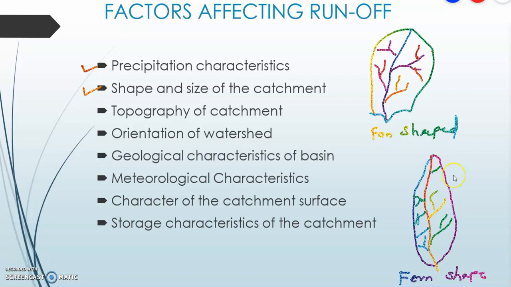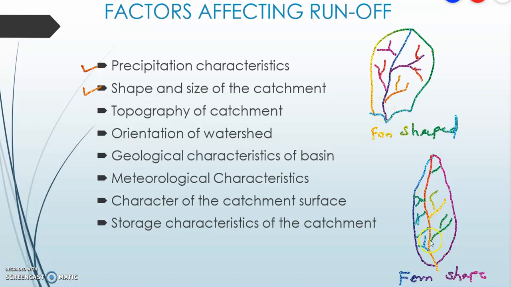In case of this fern shape, the tributaries from this boundary up to the main stream may have different lengths. Here in the fan shape the lengths are quite similar for the different streams. So if rainfall occurs in this area, since the length is the same, the water will come at the same time, and that's why the peak will be observed and more runoff will be generated.